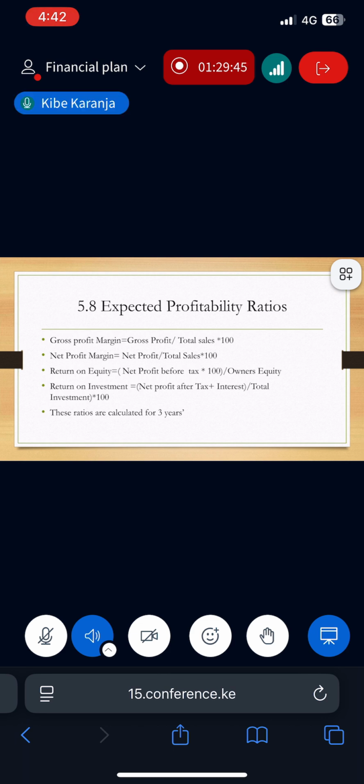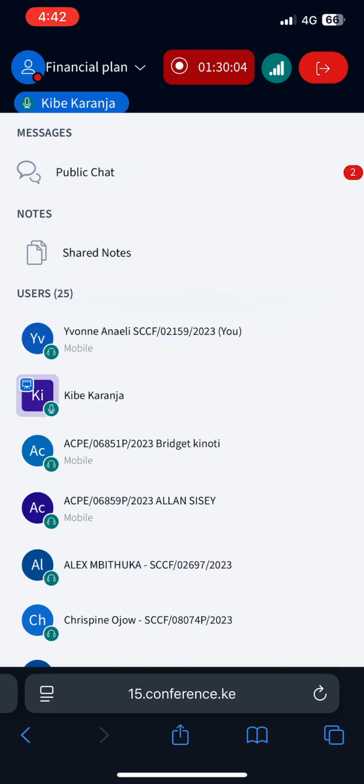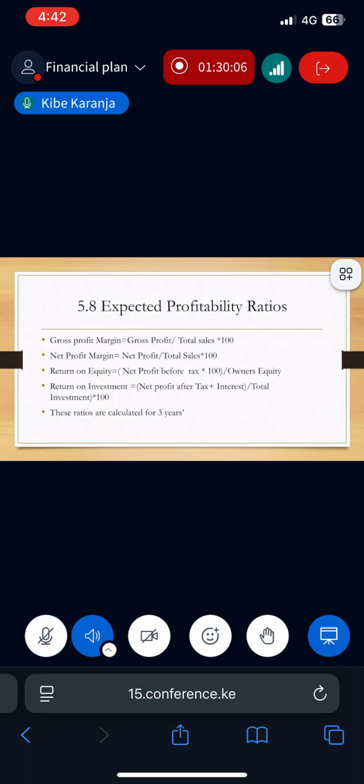And this is answering the question: for every shilling that you invested in that business, what was the return? How many more shillings are you making? And these ratios are calculated for 3 years.